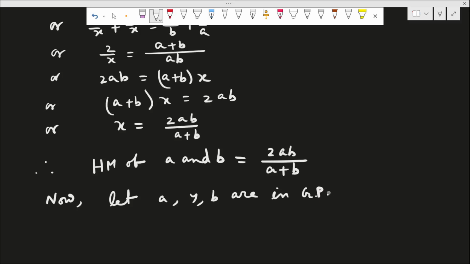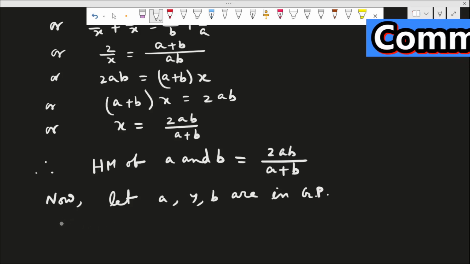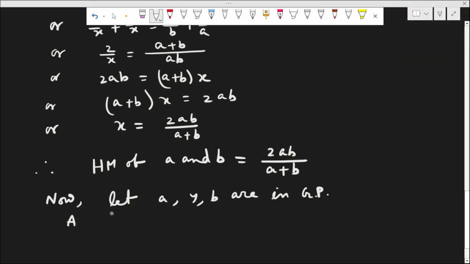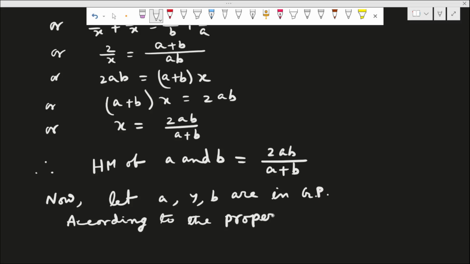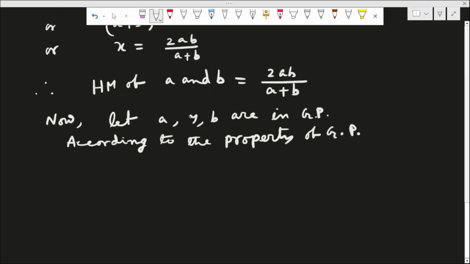Using the property of geometric progression, we will find the value of Y. According to the property of a GP, term by preceding term, Y by A equals B by Y. Why are we writing this?